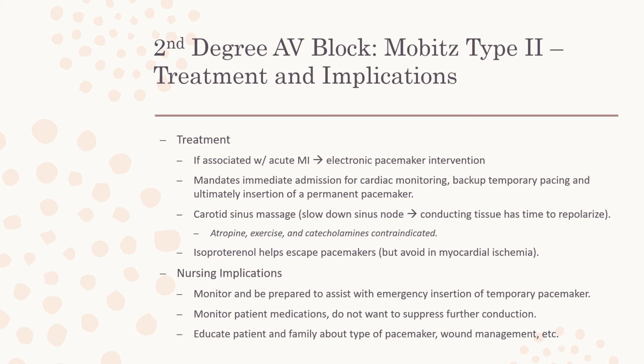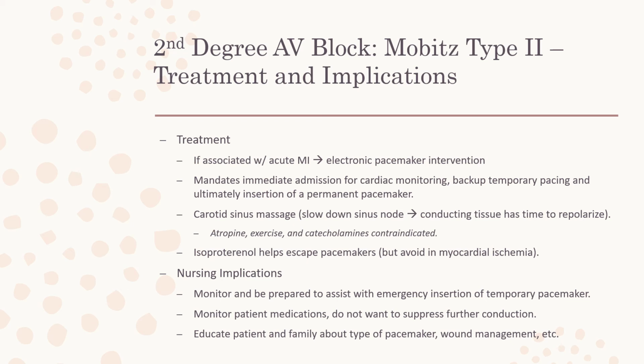Isoproterenol, which is a pure beta drug, can help escape the pacemakers, but the problem with isoproterenol is that it sort of beats your heart to death, basically. If you have somebody who's having an MI and they're already ischemic, the last thing we want to do is increase their O2 demand.